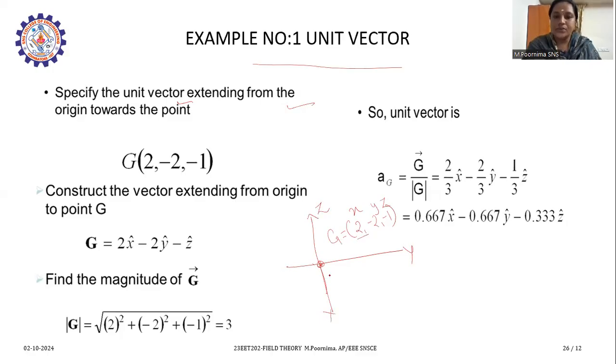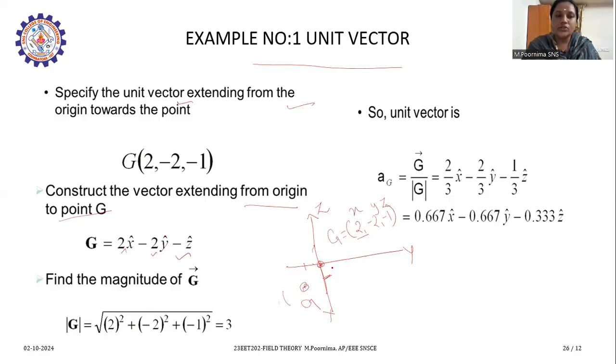X is 2, Y is minus 2, and Z is minus 1. So the vector extended from the origin to point G is 2x minus 2y minus 1z.